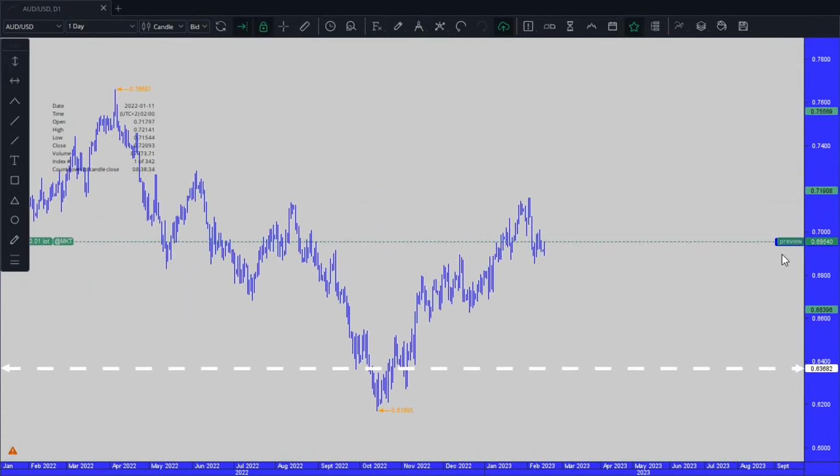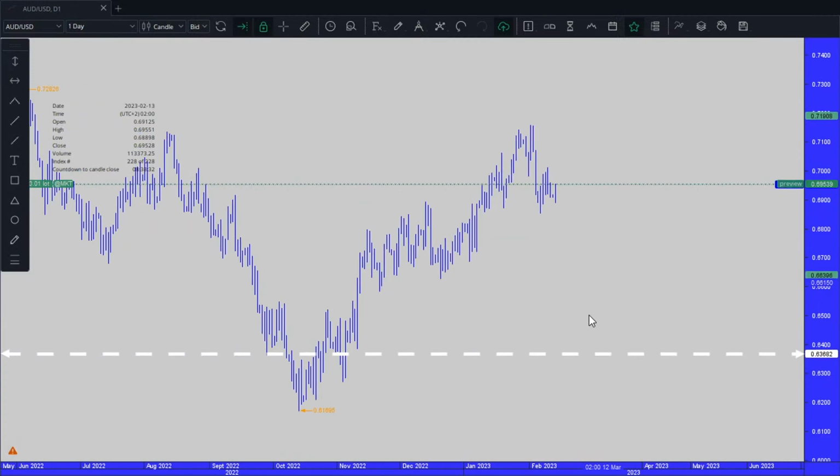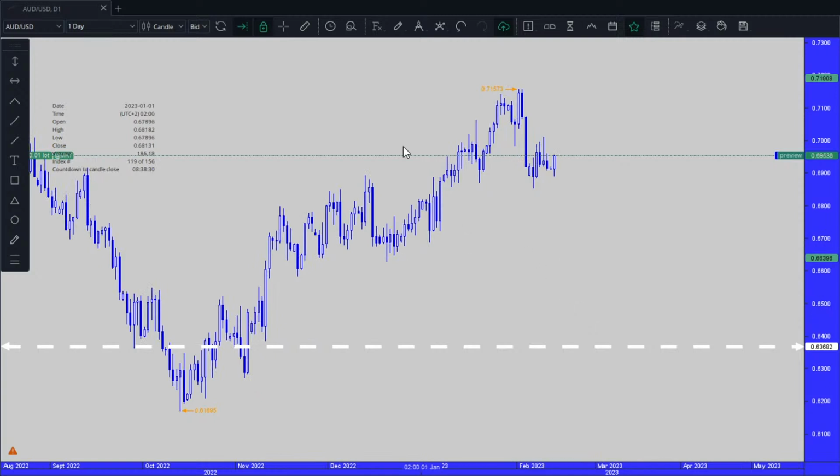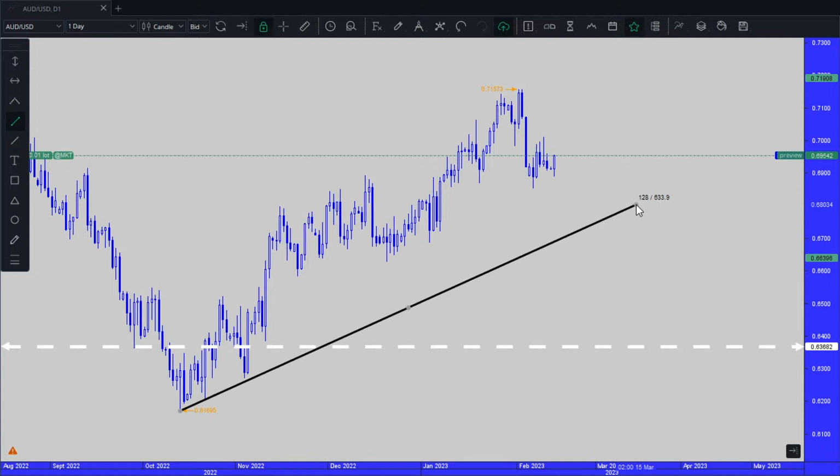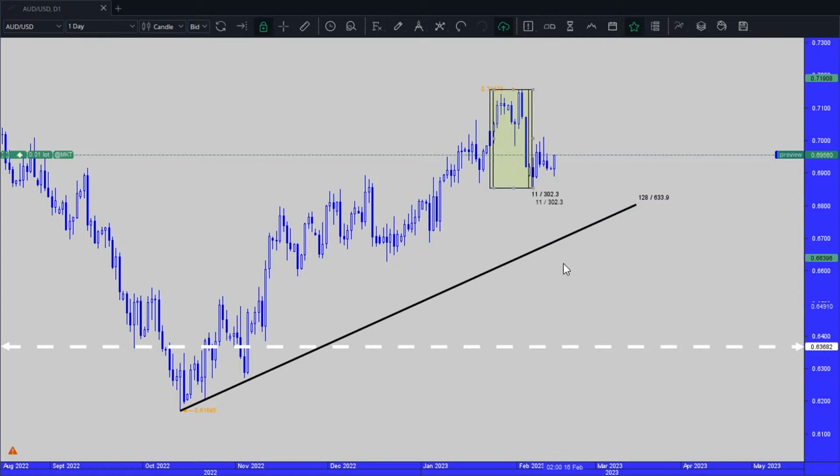Now everybody, we've entered on the 4-hour chart, just an example, and we are looking now at the daily chart, right? So from the 4-hour time frame, could be the 2-hour time frame, whatever. This is our entry, and this is our risk, and now this is our reward.